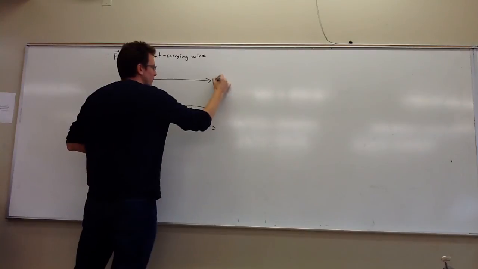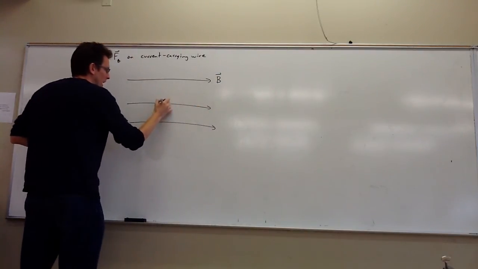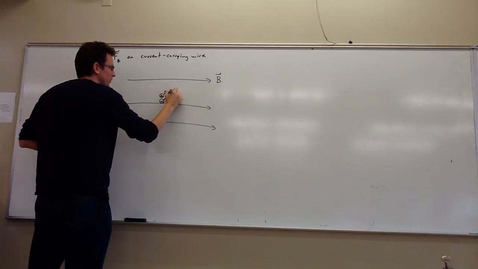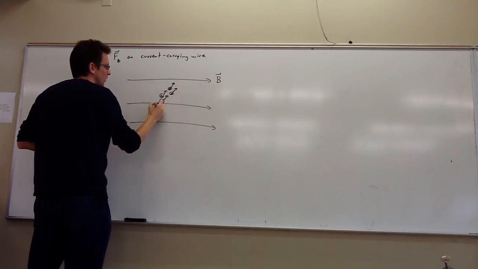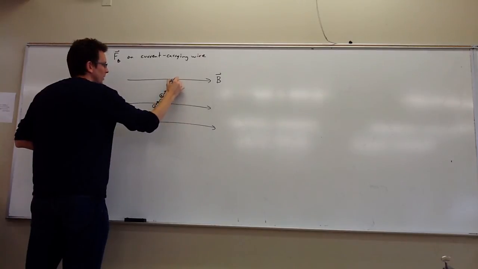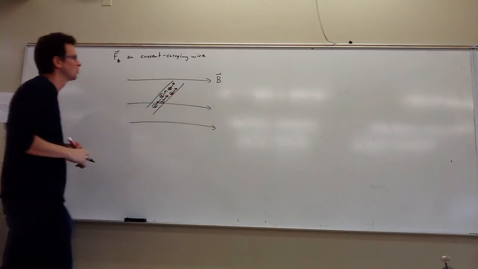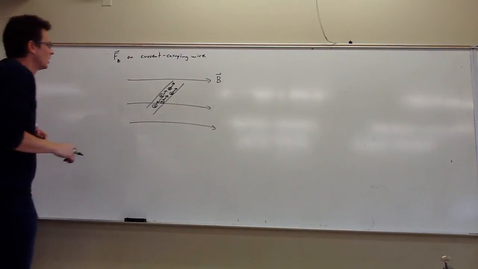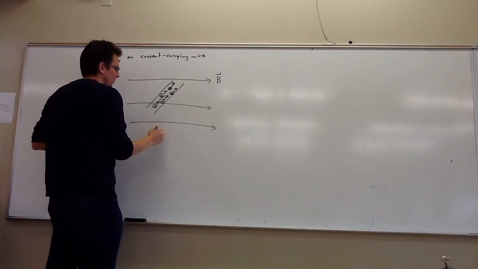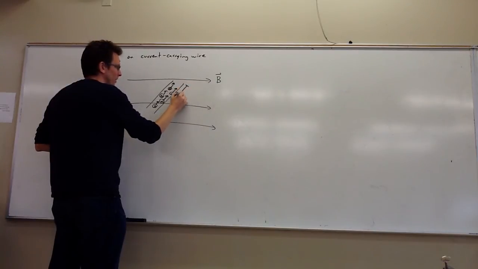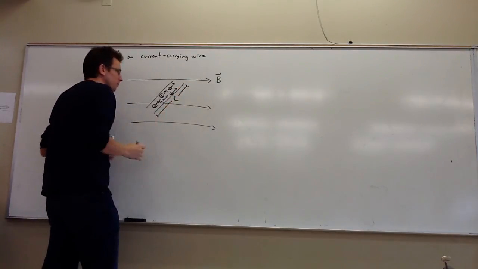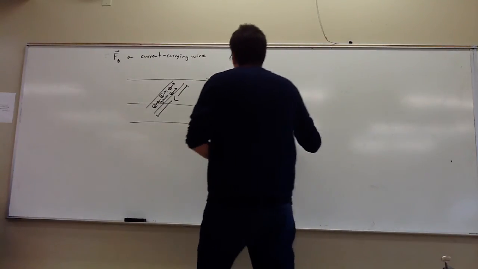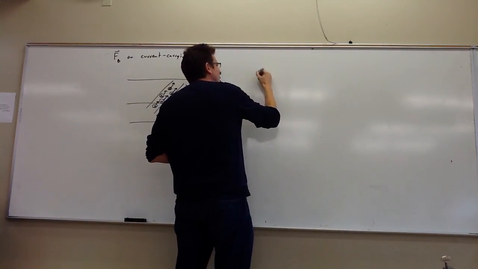Let's say I have my magnetic field like this. I have my charged particle like that, but it's joined by a bunch of friends in a wire. And let's say that this wire segment is of length L. So let's go ahead and write down the formula.